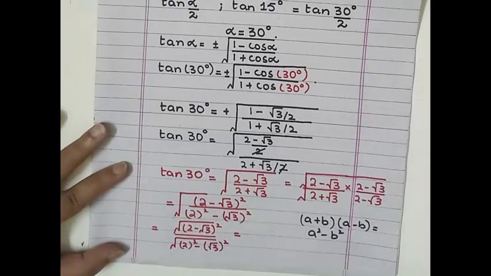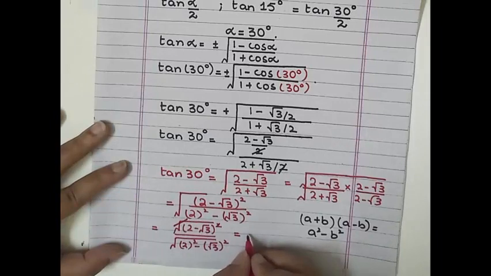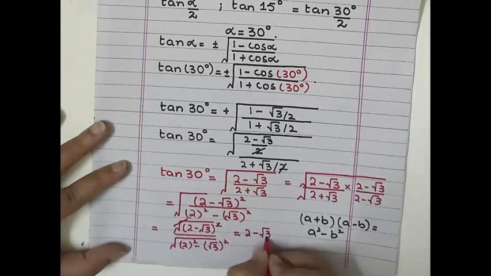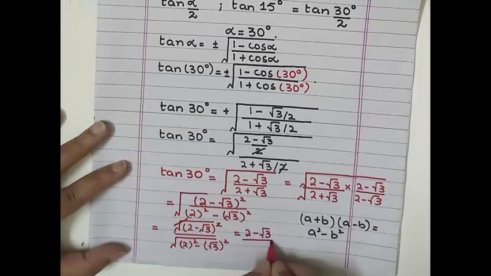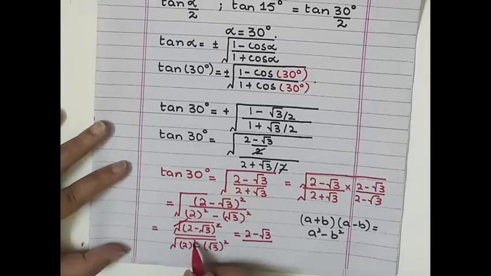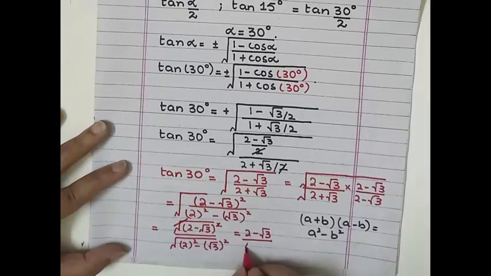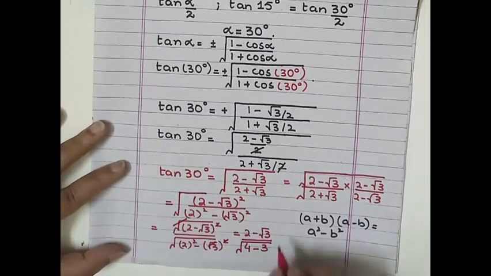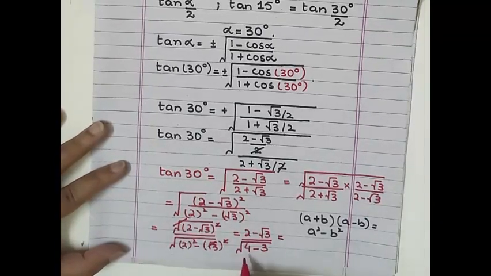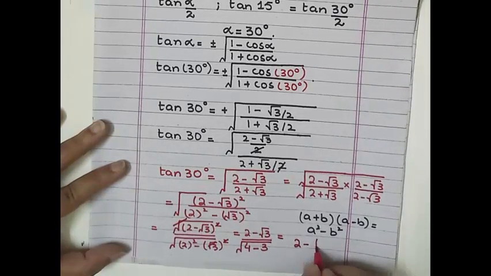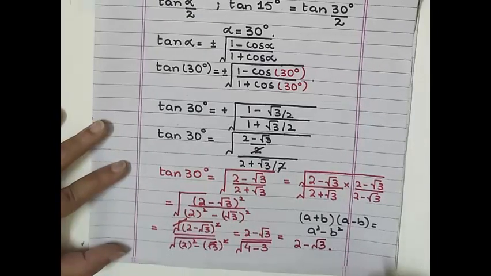So the square will be cancelled out with the square root and we have 2 minus root 3, divided by the square of 2 which is 4, minus 3 under the root. So 4 minus 3 is 1 and the square root of 1 is 1. So the final answer is 2 minus root 3.